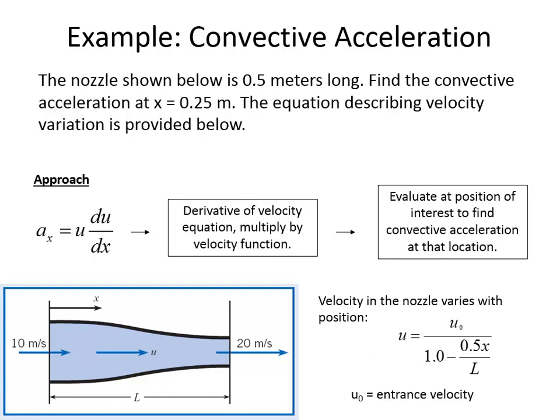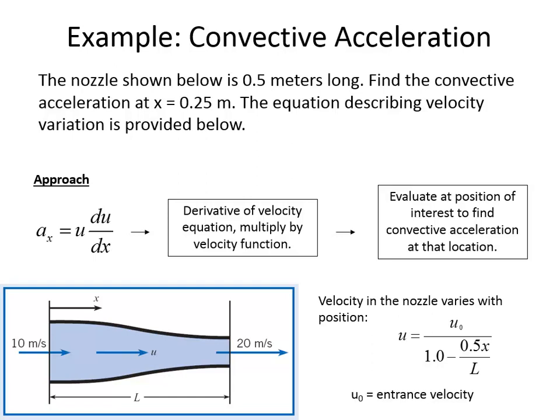Let me just refresh your memory about the chain rule if it's been a while. If we need to find the derivative of this with respect to x, we know du dx is du dm times dm dx.